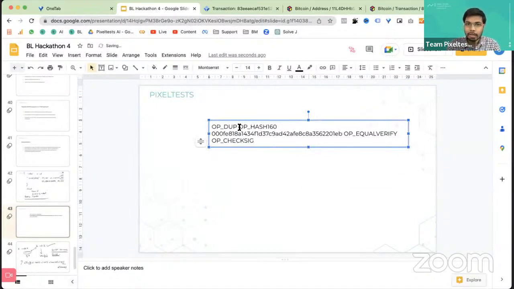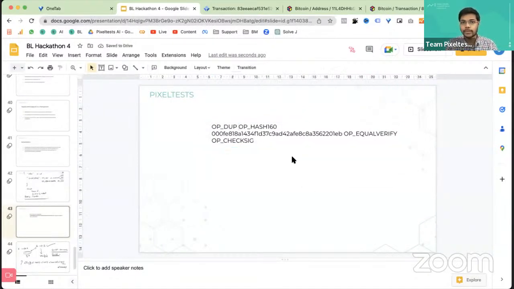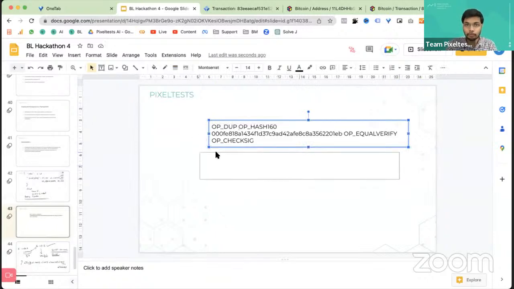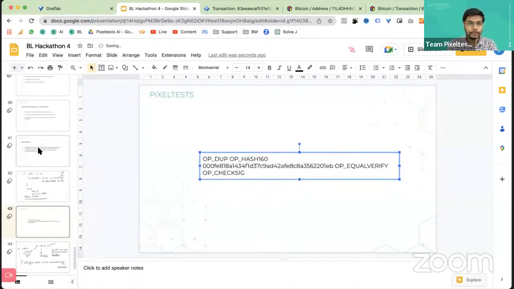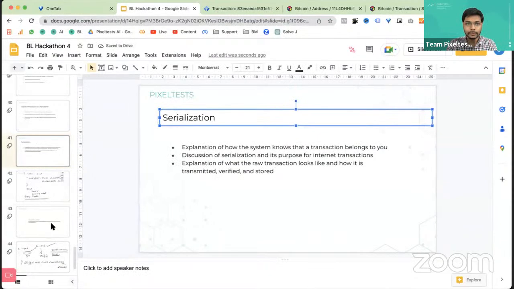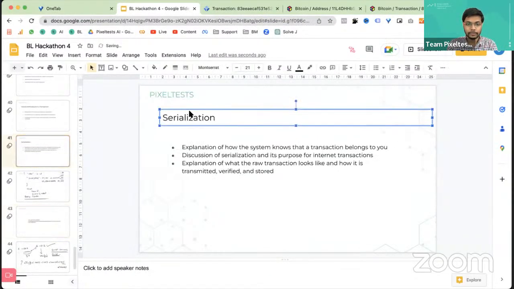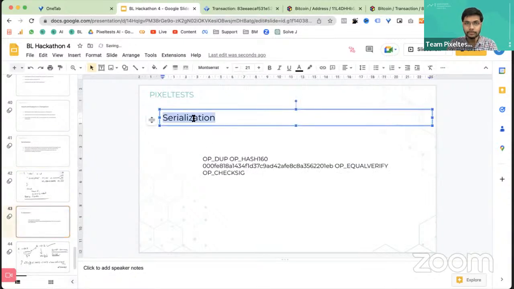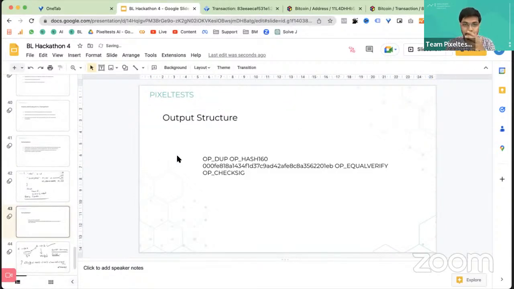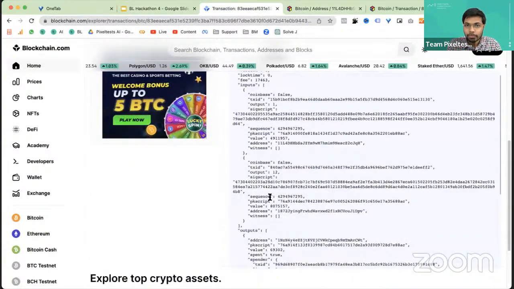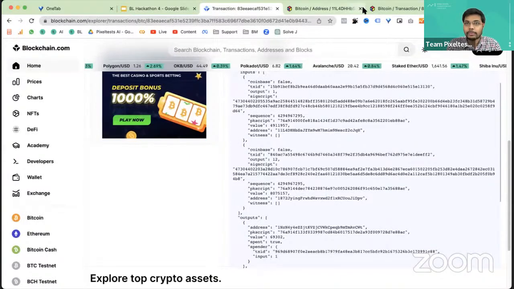Every output that goes out has this structure. Every output going here will have a specific structure, right?